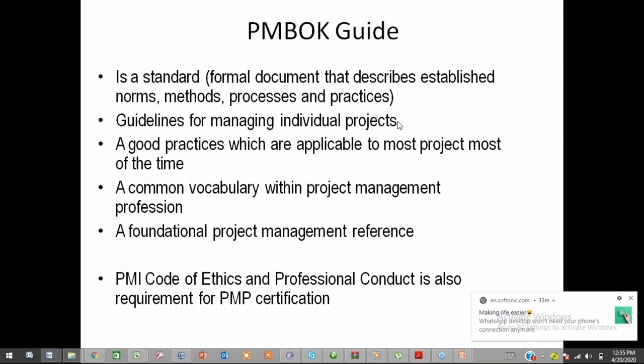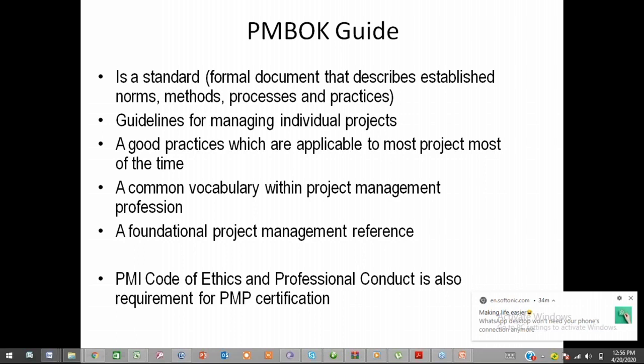And number three, good practices which are applicable to most projects, most of the time. You have so many practices in project management, but we have acceptable, good, and non-acceptable practices.